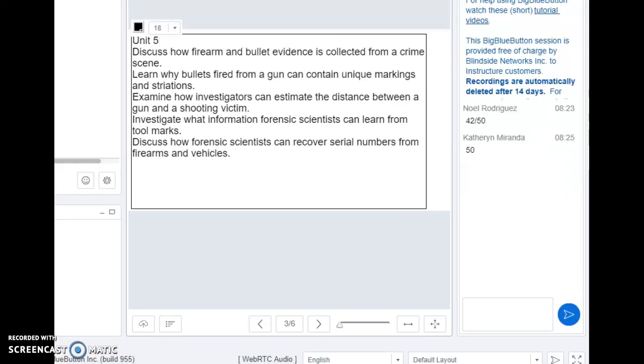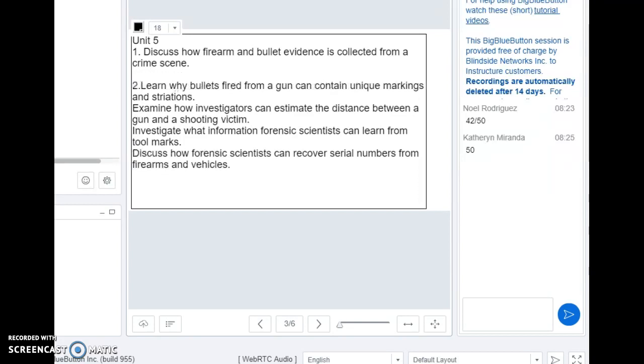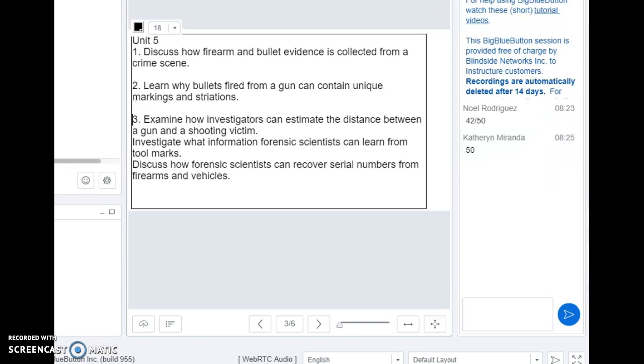Have the objectives that we want to cover. It says discuss how firearms and bullet evidence is collected from a crime scene. And that's the first one. Then we're going to learn why bullets fired from a gun can contain unique markings and striations. And then the third one, examine how investigators can estimate the distance between a gun and a shooting victim.